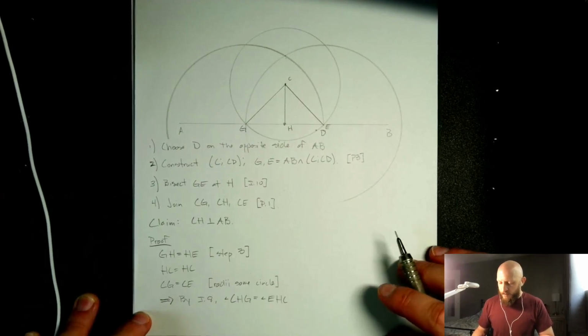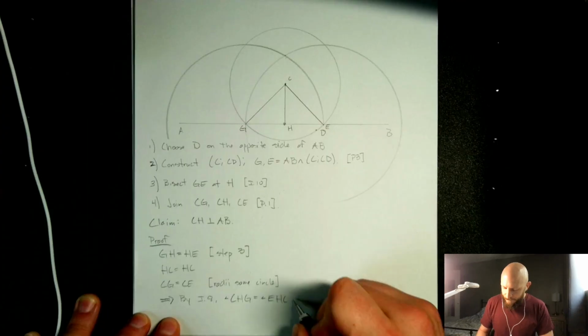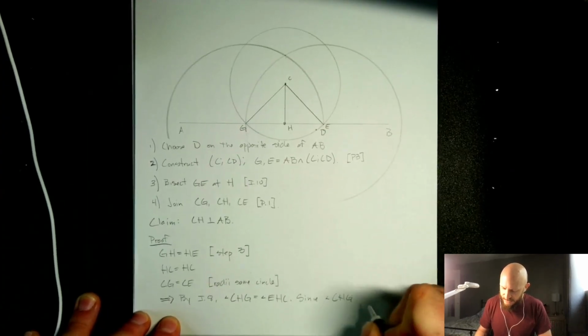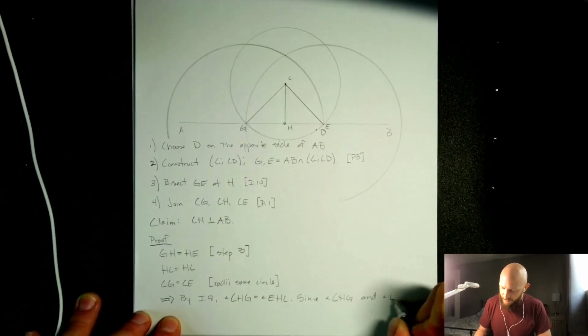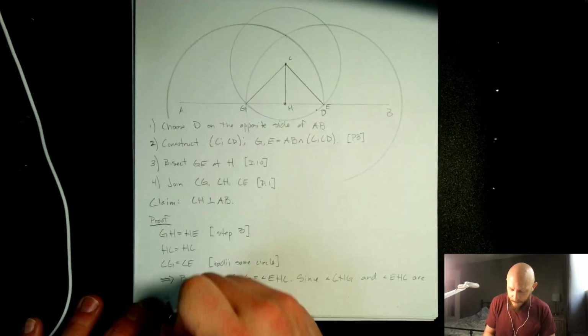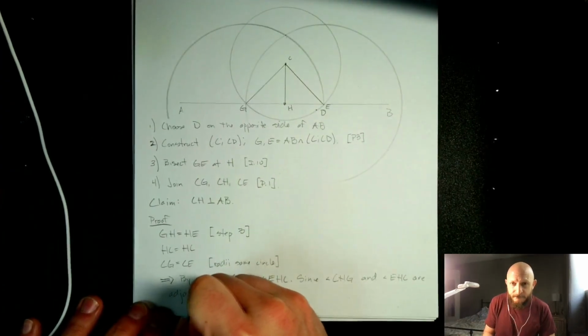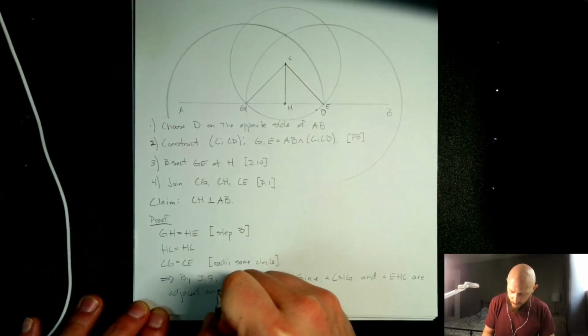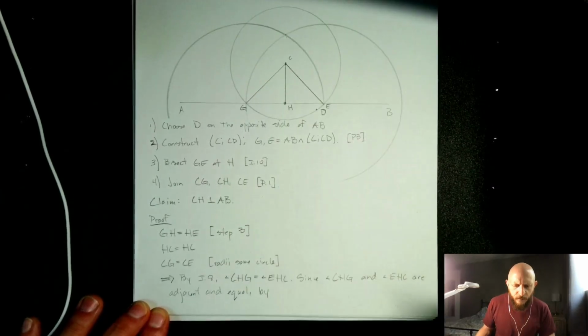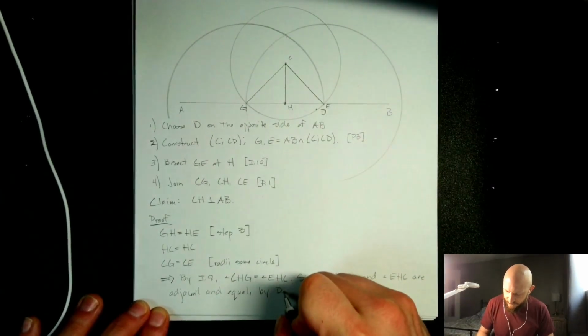And why is that important? Well, because angle CHG and angle EHC are adjacent and equal, by definition 10.